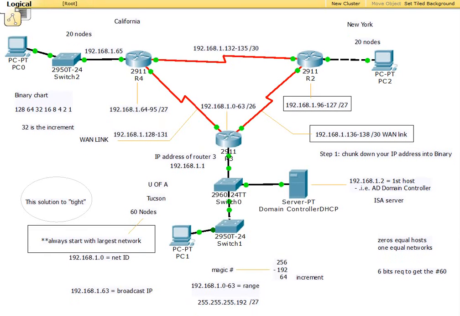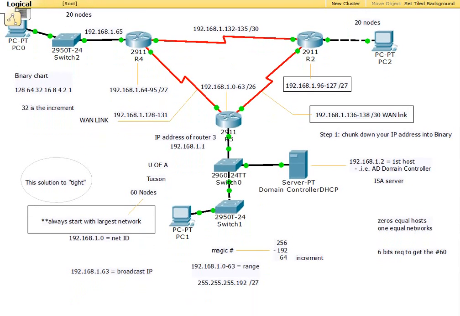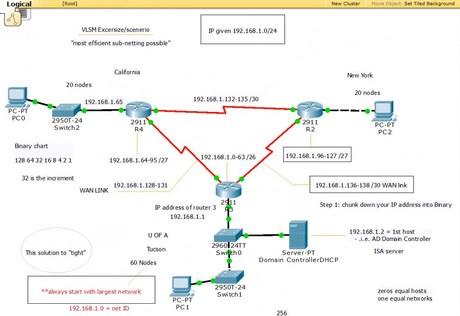So where was I? Yes, with variable length subnetting, you always want to start with the largest network first. So that was Arizona. Now let's move to California. California has a requirement of 20 nodes.